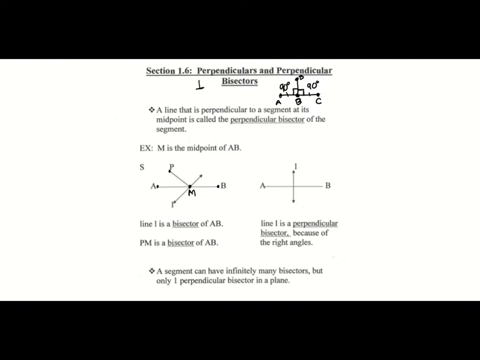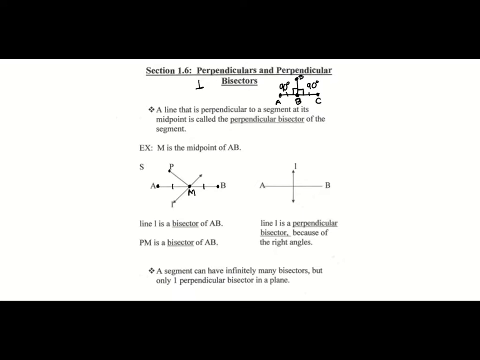So we have line L going through that midpoint. Line L is a bisector of AB. This is a review of what we talked about earlier. And PM is a bisector of AB. Both of those lines cut AB in half so that each of these little segments, AM and MB, are the same.